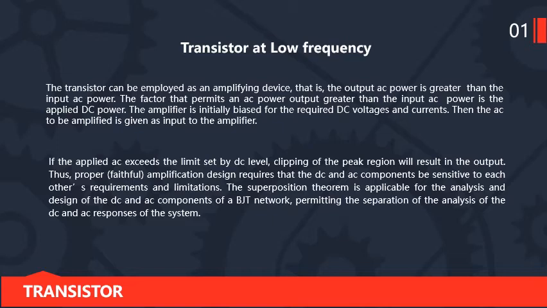Thus, proper amplification design requires that the DC and AC components be sensitive to each other. Requirement and limitation: the superposition theorem is applicable for the analysis and design of the DC and AC components of a BJT network. BJT means bipolar junction transistor, permitting the separation of the analysis of the DC and AC response of the system.